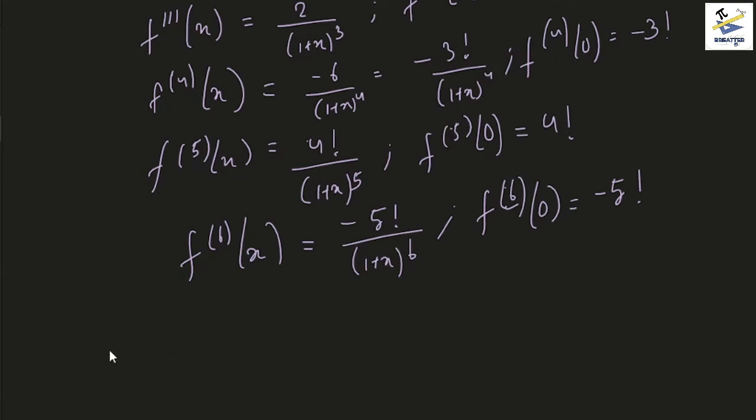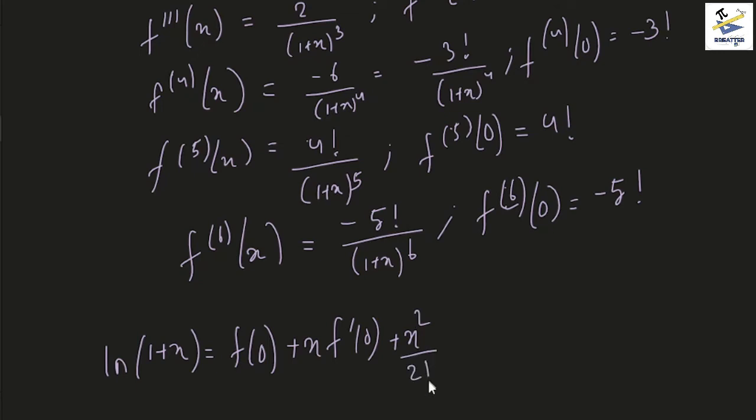So we can write that ln of 1 plus x, by the Maclaurin series definition, should be f(0) plus x into f'(0) plus x square by 2 factorial into f''(0) plus x cube by 3 factorial into f'''(0), and so on, right?